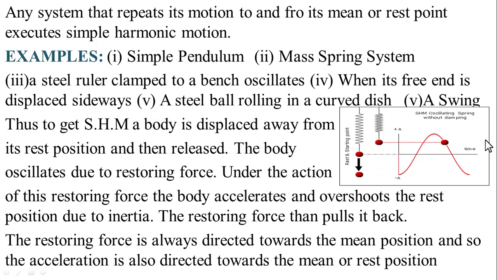Simple harmonic motion of an oscillating spring without damping. This diagram shows the waveform and the simple harmonic motion from the mean position to the extreme position and from the extreme position back to the mean position. Thus, to get simple harmonic motion, a body is displaced from its mean position and then released, and the body oscillates due to the restoring force.